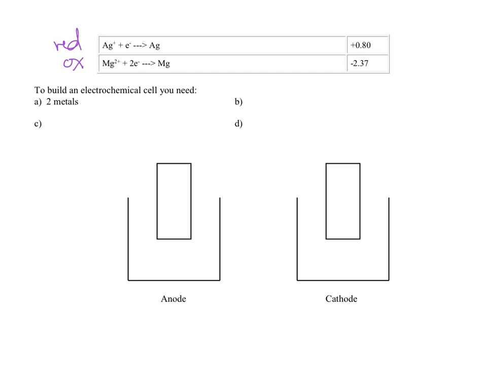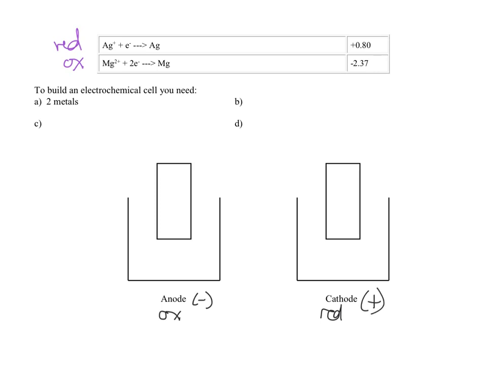So we said that to build your cell, you need the two metals, and we said that the anode is where oxidation occurs, and that's negative. Cathode is where reduction occurs, and that's your positive. We put the two metals there.